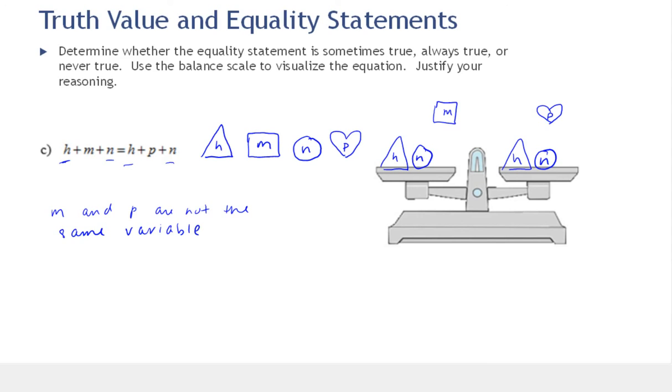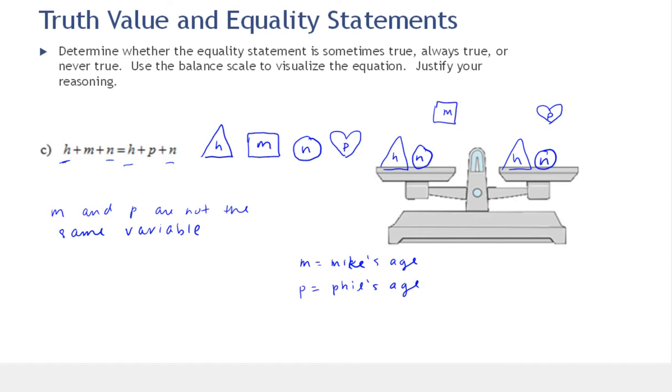Two things can be different but still sometimes equal. So let's make up an example. Say M is Michael's age, let's use Mike for short, Mike's age, and P is Phil's age.